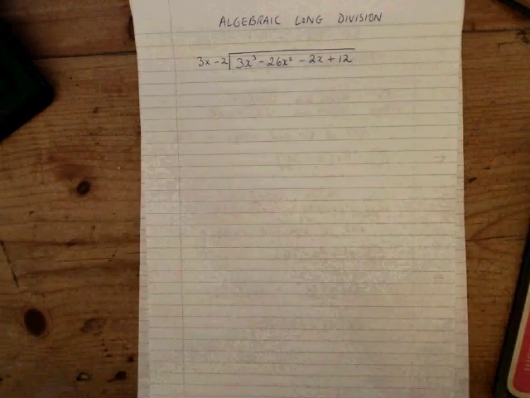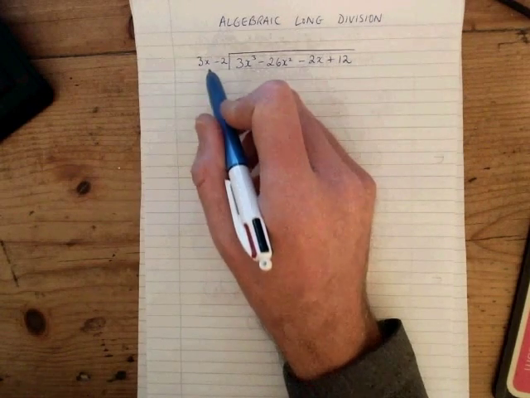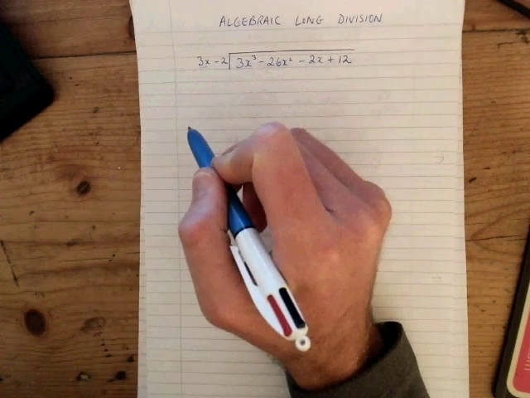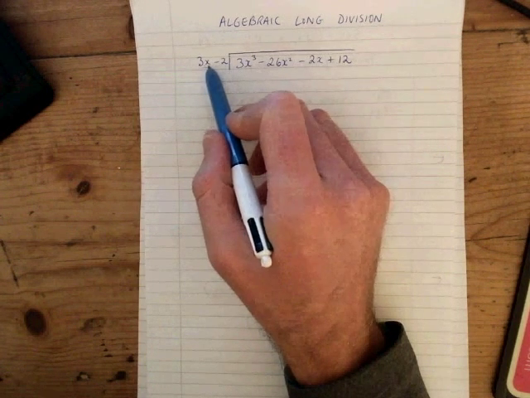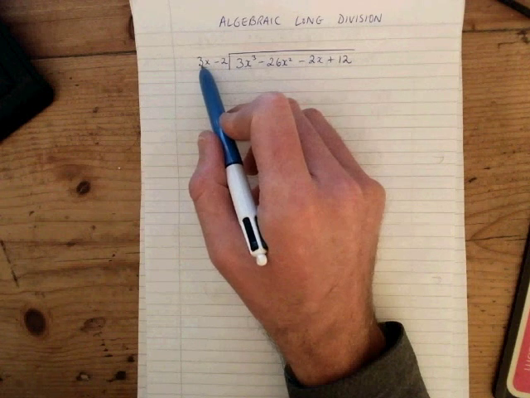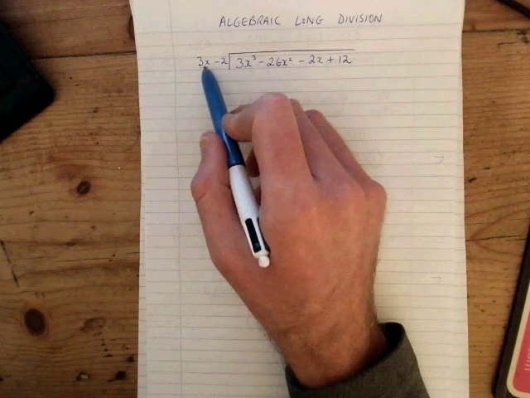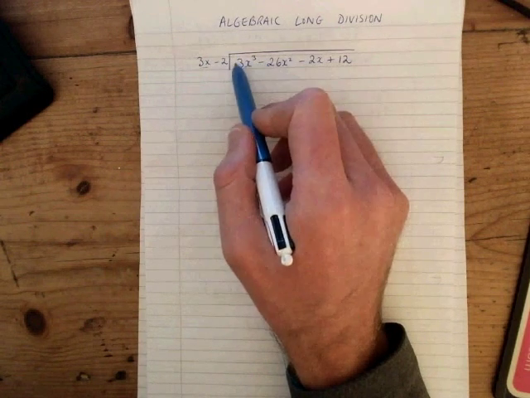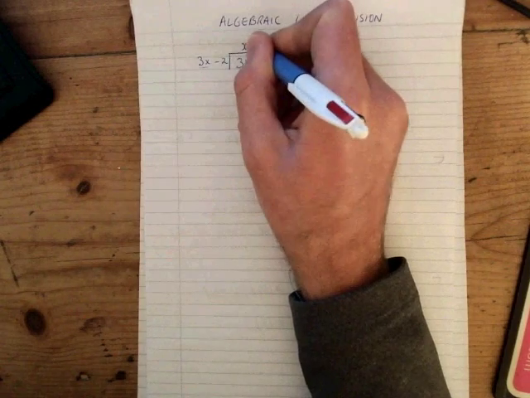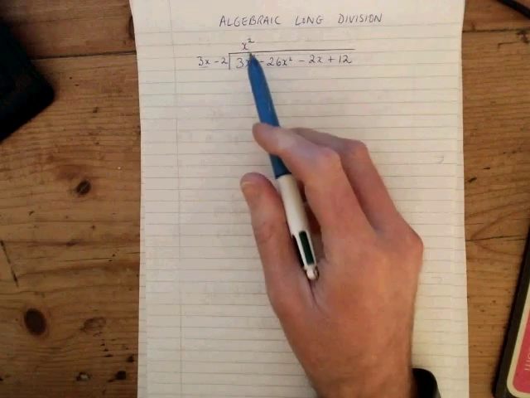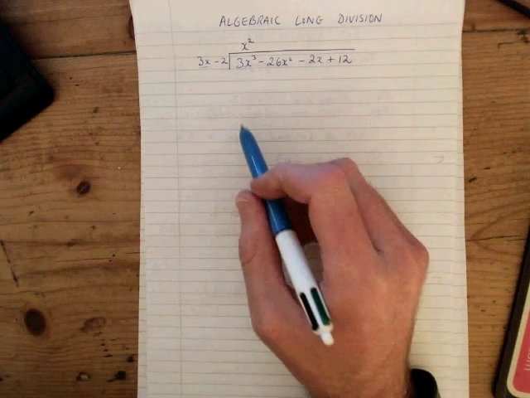Alright, so the method is this. We look at this part of our expression, 3x minus 2. We're only interested in the 3x right now at the very first bit. Step number 1 is to take 3x and divide it into 3x cubed. That goes x squared times, because x squared multiplied by 3x gives us 3x cubed.